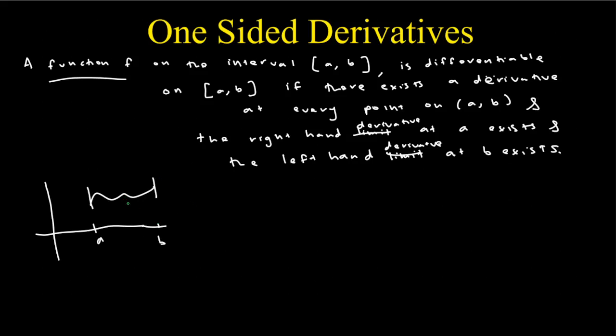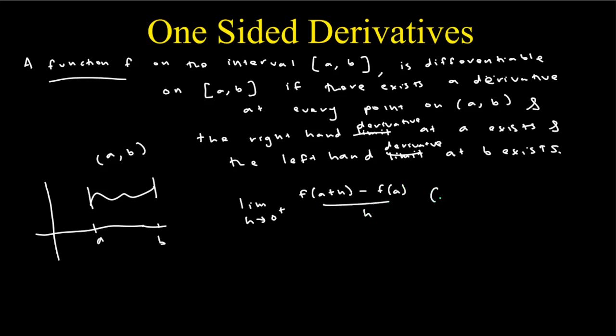So again, a function is differentiable on the entire interval if a derivative exists on the interval (a, b), where a and b are not included, and we have the one-sided derivatives at a and b. So what is the right-hand derivative at a? That's defined as the limit as h tends to 0 from the positive end of f of a plus h minus f of a over h.